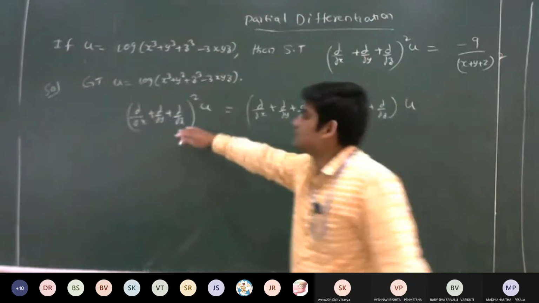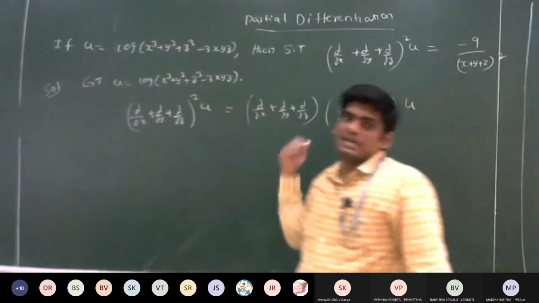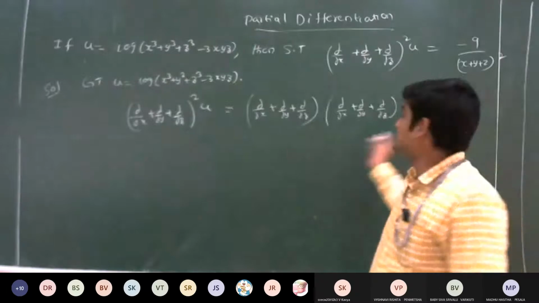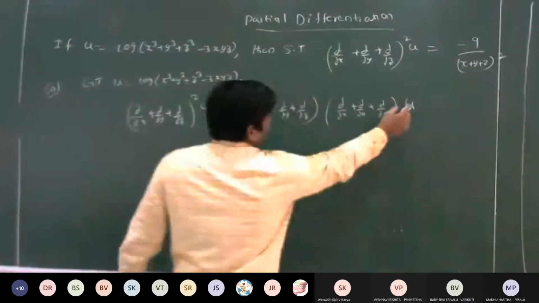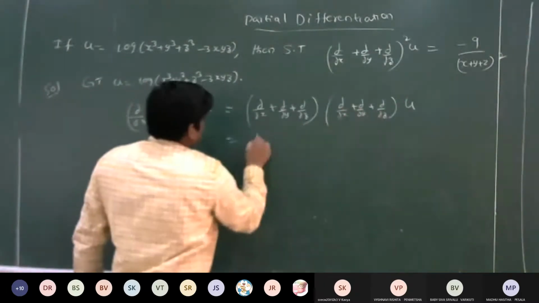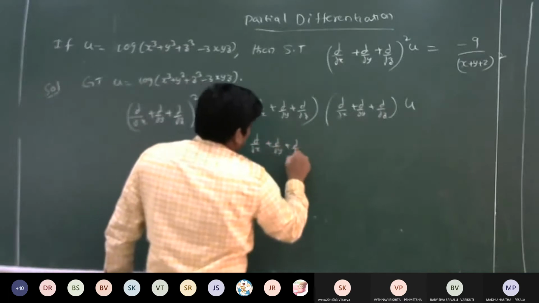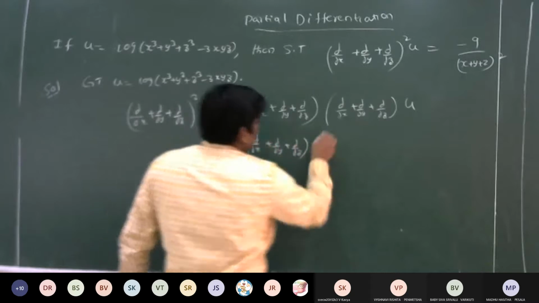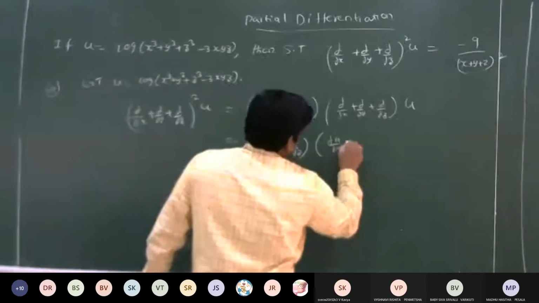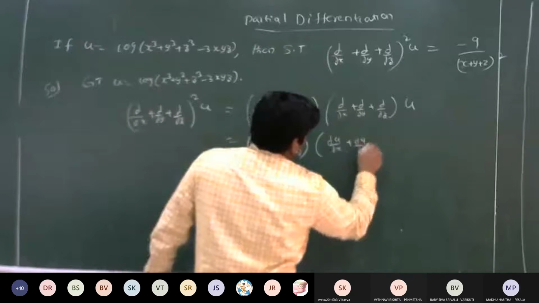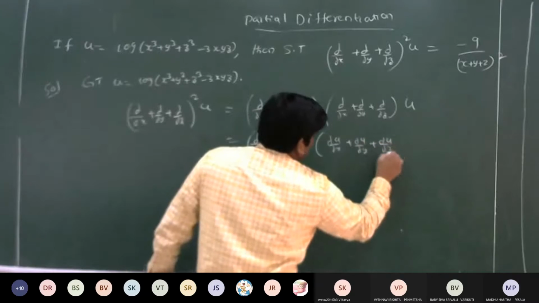Just expand this square as x into x form. Now we have to multiply this one, that means (dou by dou x plus dou by dou y plus dou by dou z) into (dou u by dou x plus dou u by dou y plus dou u by dou z).